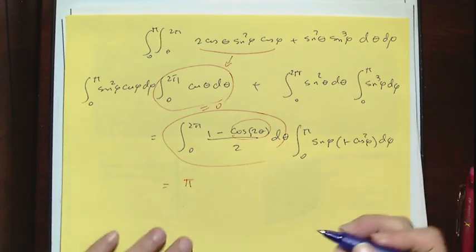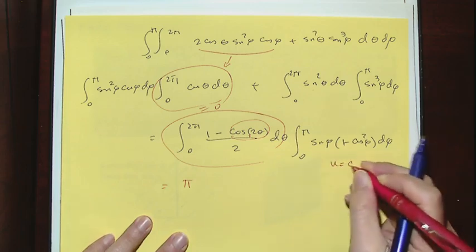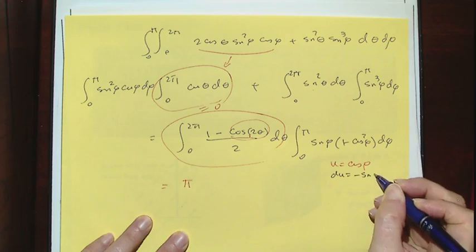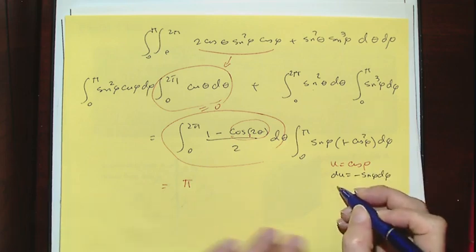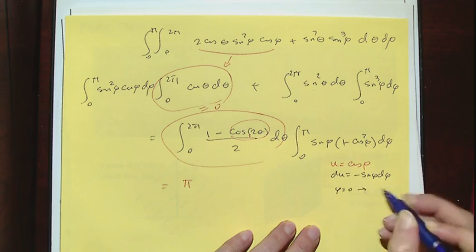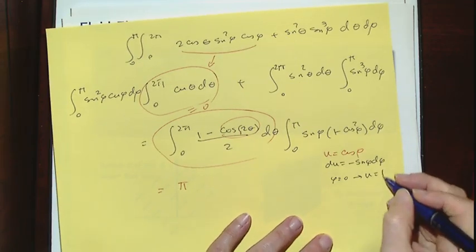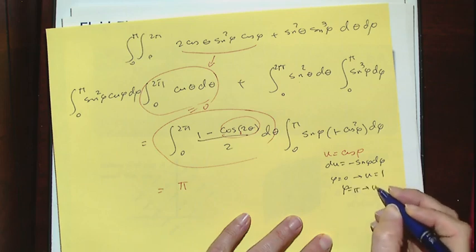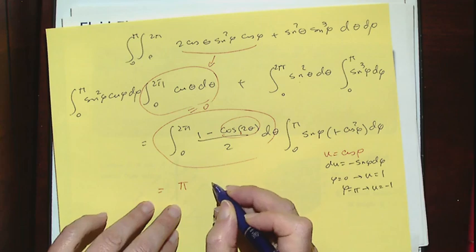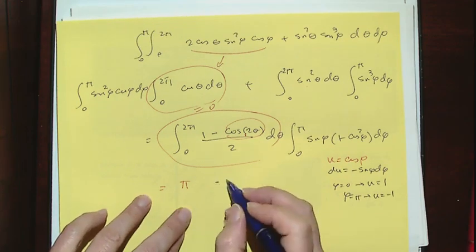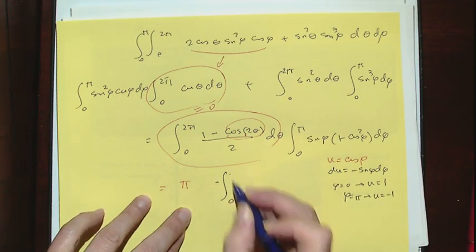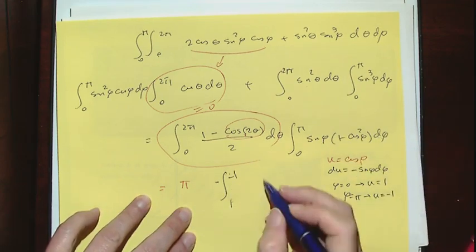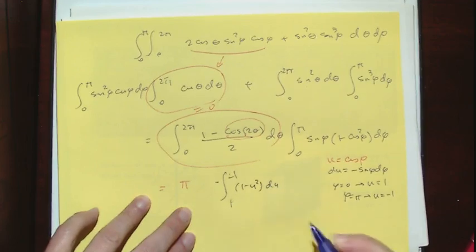And then I have to compute the other part by having u equal to cosine of phi, du equal to negative sine of phi d phi. And then if phi is equal to 0, u is equal to what? 1. Phi equal to pi, then u is equal to negative 1. So I will get negative, from 1 to negative 1, du, 1 minus u squared.